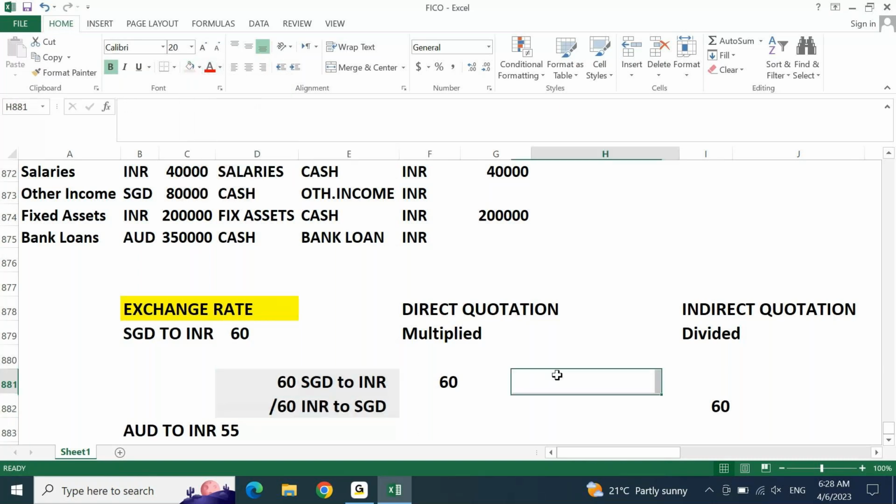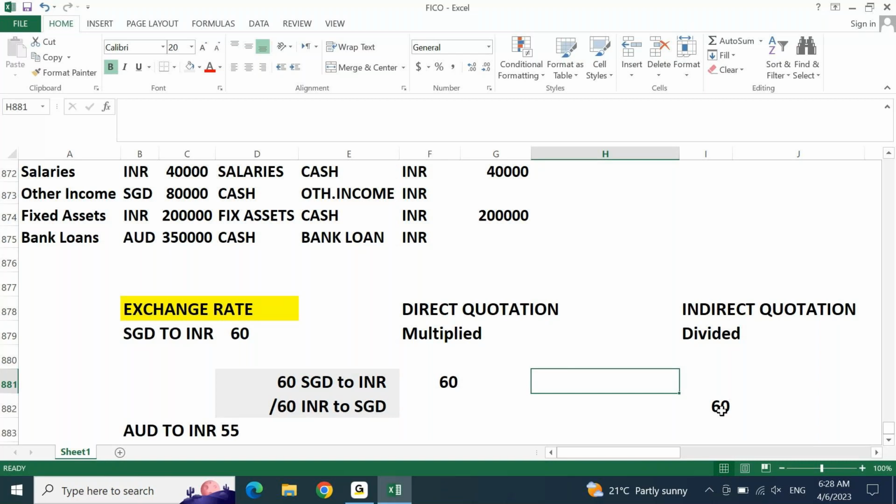By looking at this, you have to understand, okay, this is direct quotation, this is indirect quotation. Don't just look at the number, look at the number along with the sign, because you have two types of rates, direct quotation and indirect quotation. Sometimes the user will forget to update in direct quotation and may put this in indirect quotation.